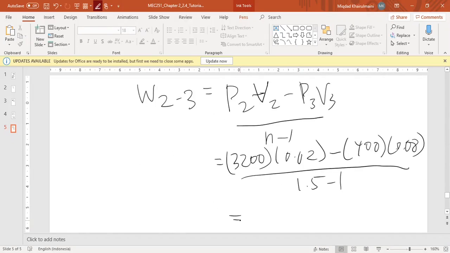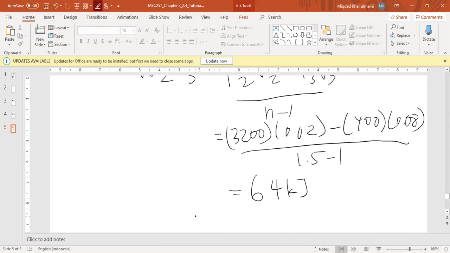Please try to redo it again, there might be some miscalculation. Divided by 0.5, so we have 64 here. So positive, work is done by the system, work out. Positive because it's an expansion process, meaning that the piston can produce work output.